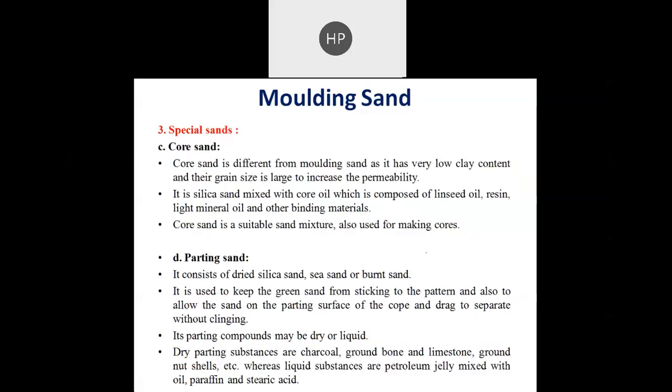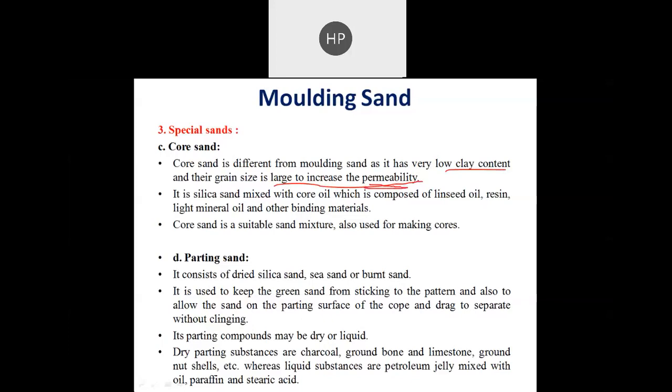Then the next one is core sand. Core sand is different from molding sand as it has a very low clay content. The clay content is very low and the grain size is large to increase the permeability.